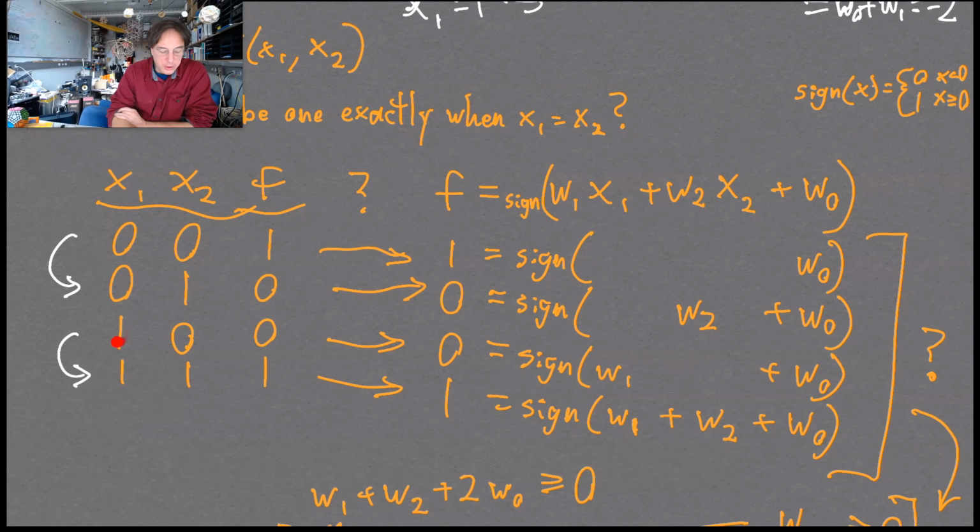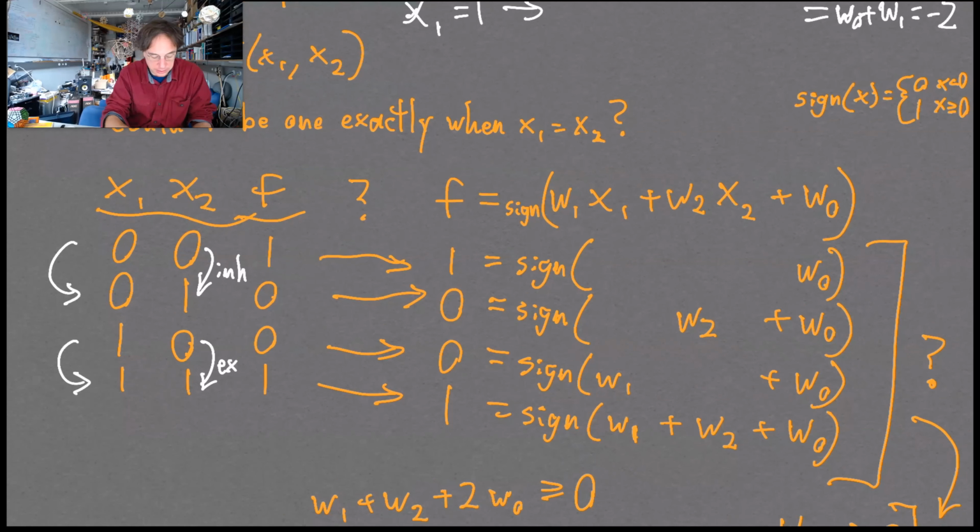We had the first input being active in both of these cases. The first input is steadily active, and when the second input goes from inactive to active, the output also goes from inactive to active. That means the second input has to be excitatory. But this isn't possible. The second input can't be both inhibitory and excitatory. And that's why it doesn't work.